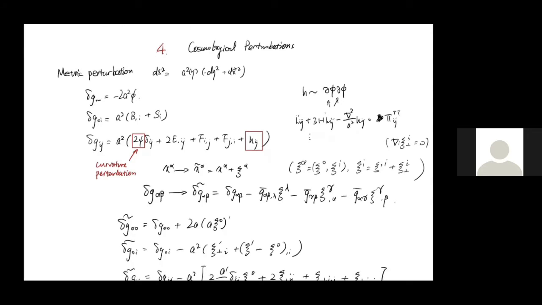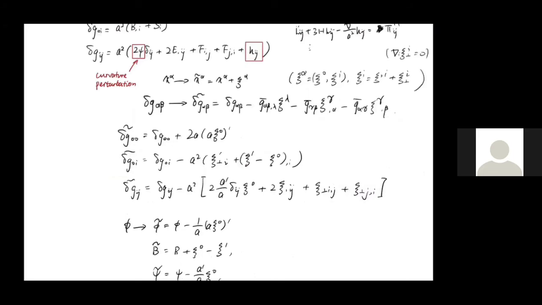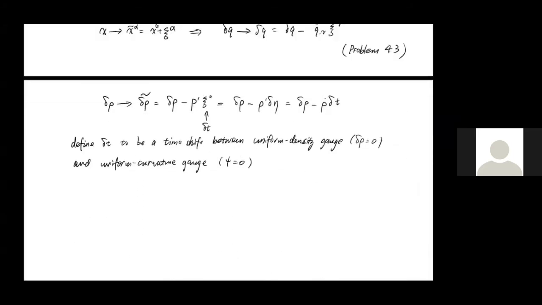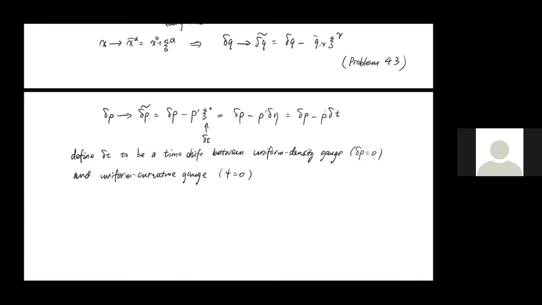In a spatially flat gauge, this means that in the spatial part there is no curvature, so psi is 0. So you can always find a time redefinition, where the coordinate time, the conformal time is delta eta, the cosmic time is delta t, that you can transfer the gauge from the uniform density to uniform curvature.